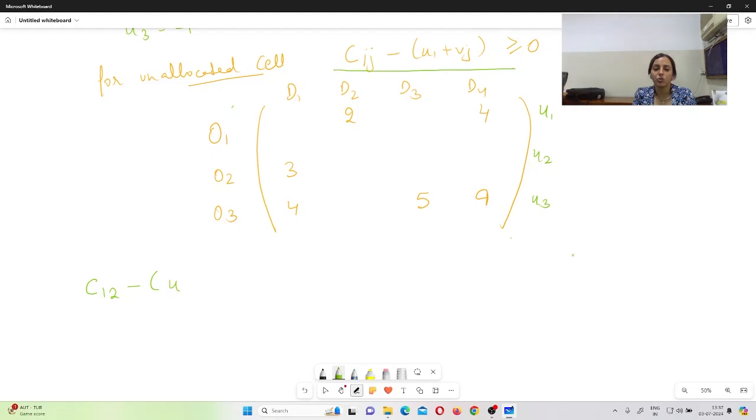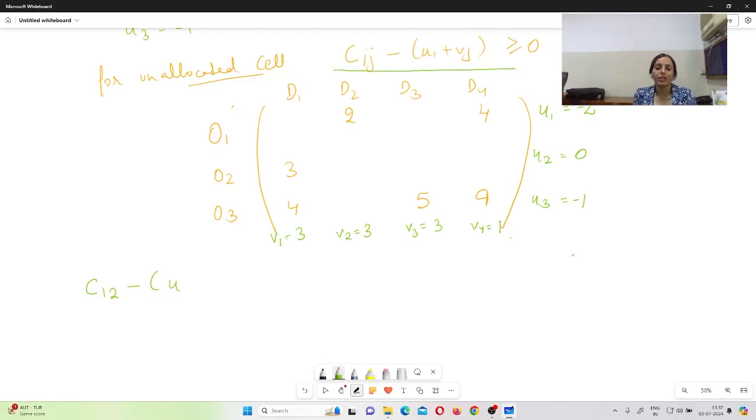V1 equals, V2 equals, V3 equals, and V4 equals. As we already found, U1 value is minus 2, U2 value is 0, U3 value is minus 1. V1 value is 3, V2 value is 3, V3 value is 3, and V4 value is 1. So putting all the values in Cij and Ui plus Vj.